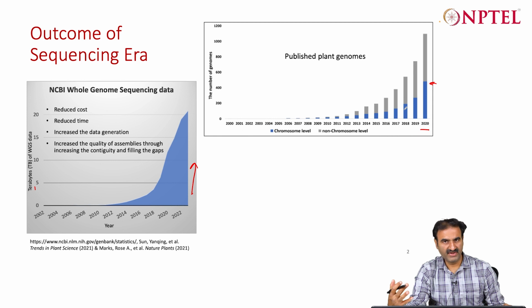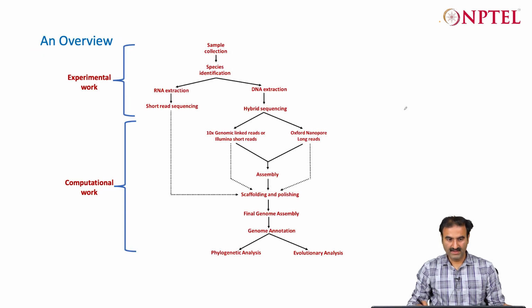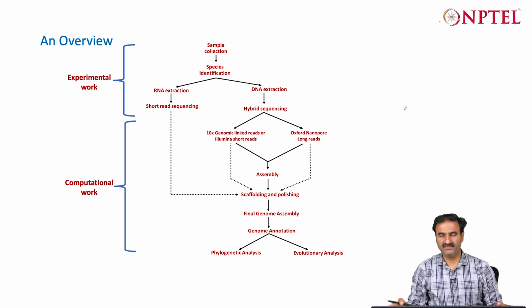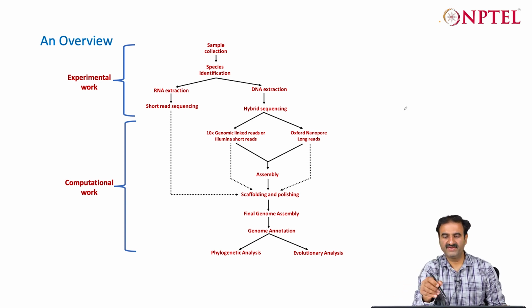We will discuss what is chromosomal and non-chromosomal later in this series of lectures. This way more people are able to handle complex genomes. In this slide I am showing you the overview that we will also see in detail further. It all starts with sample collection.